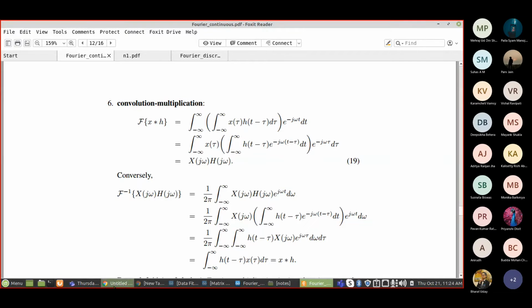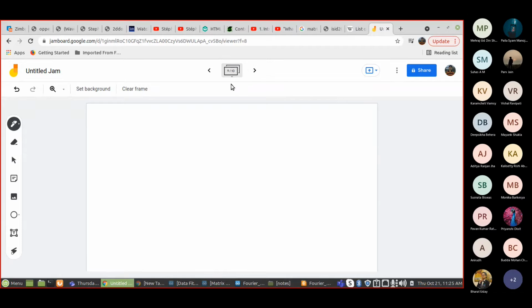Okay. So the only difference is this factor. There is a 1 over 2 pi factor.